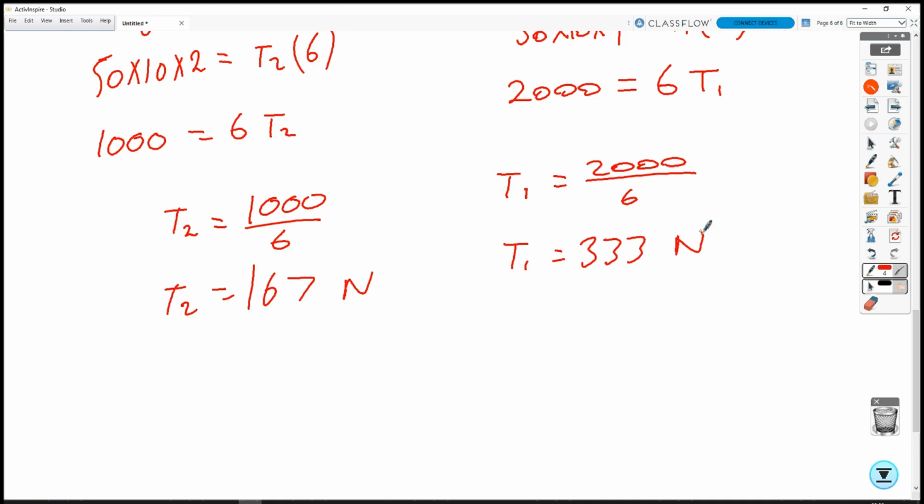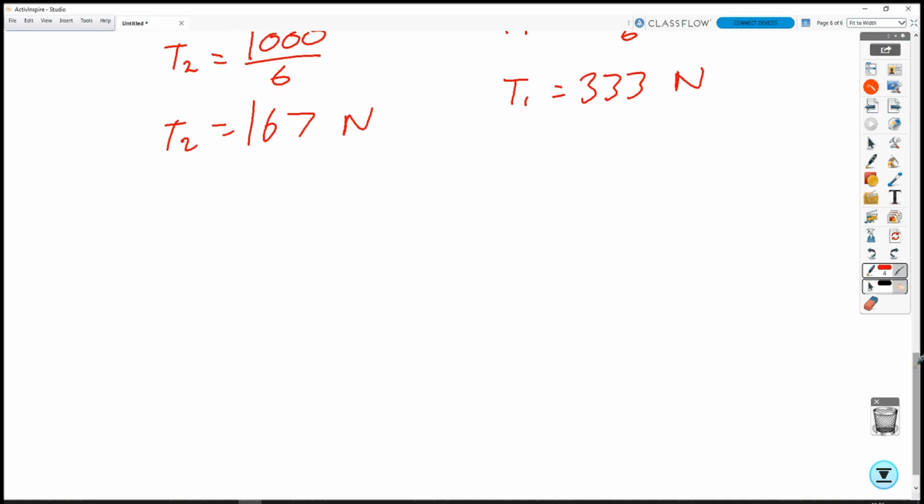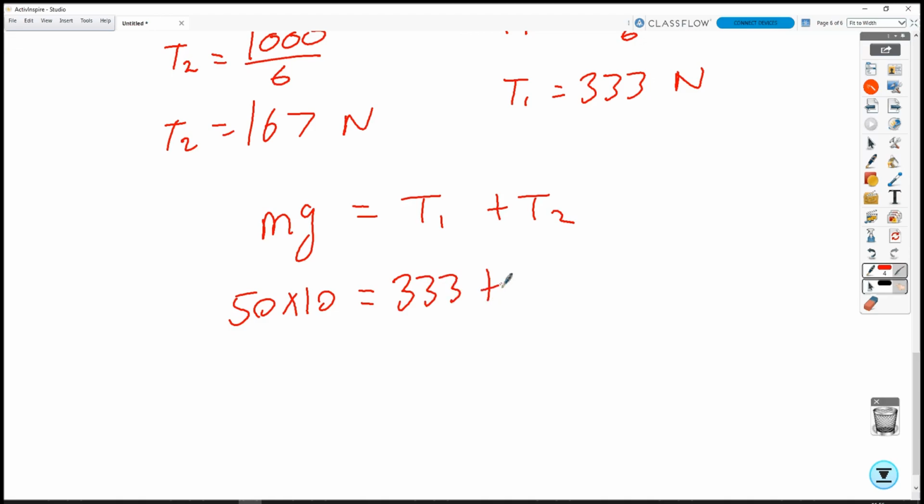And now we can verify using the first equation we did. mg equals T1 plus T2. So mg, 50 times 10, is equal to T1, which is 333, plus T2, 167.